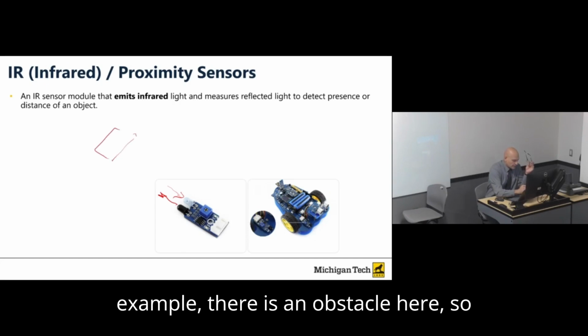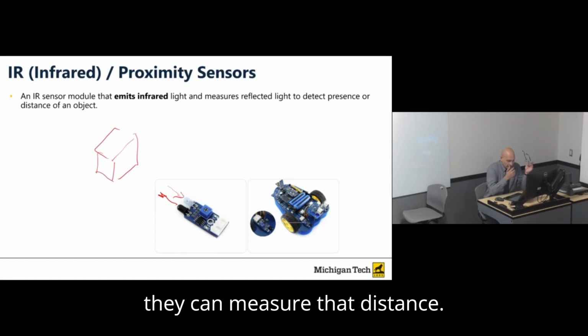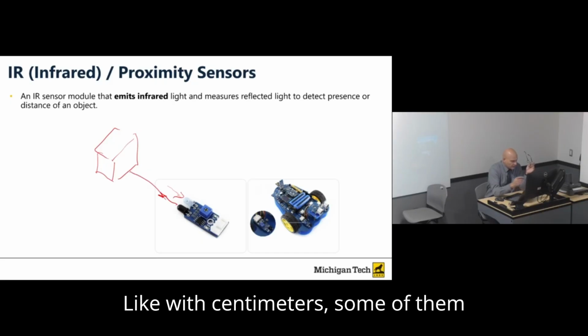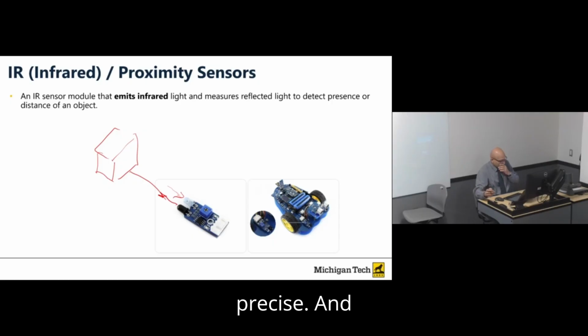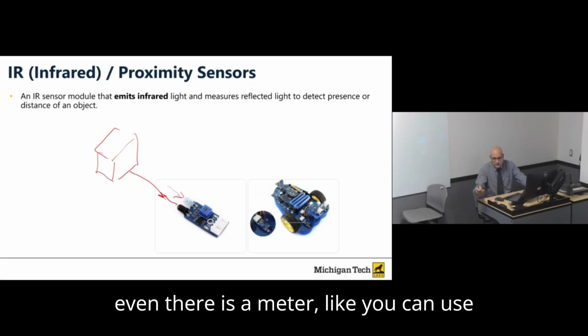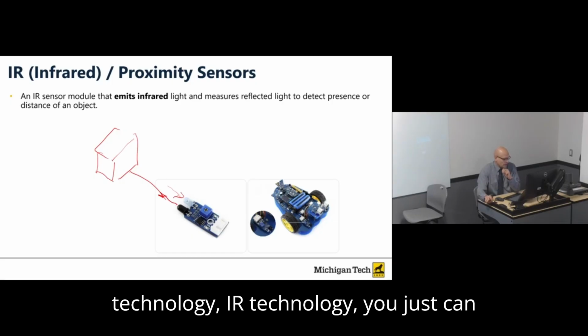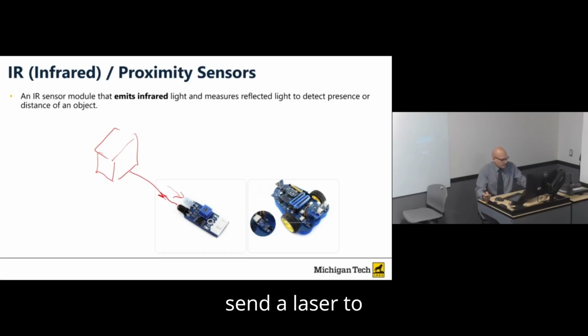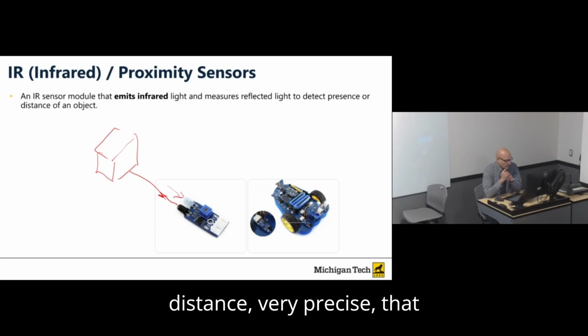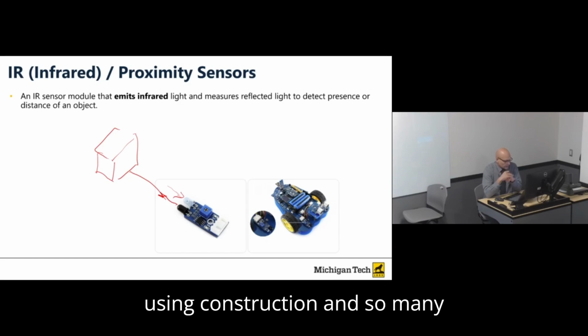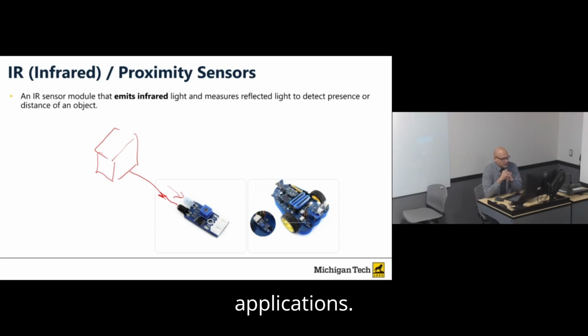Like for example, there is an obstacle here, so they can measure that distance, like with centimeters. Some of them are not so precise, some of them are very precise, and you can even measure meters with this IR technology. You can send a laser to something, and it's going to give you exact distance, very precise, that is used in construction and so many applications.